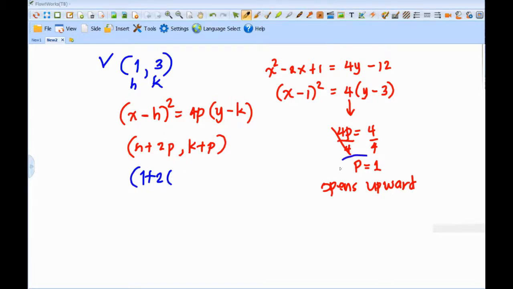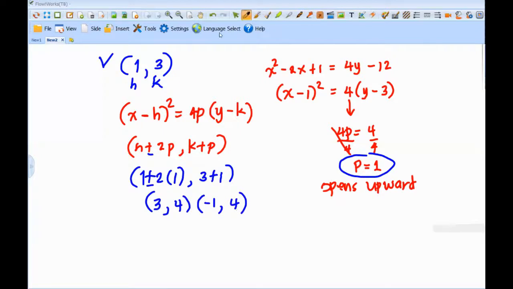We got the p here. And k plus p, the k is 3, the p is 1. So this is plus and minus. So 3 and 4. And at the same time, we have 1 minus 2 is negative 1 and 4. So let us graph now our parabola.